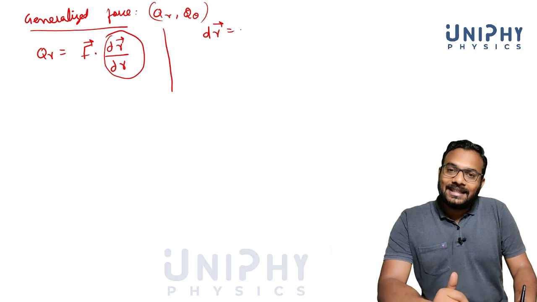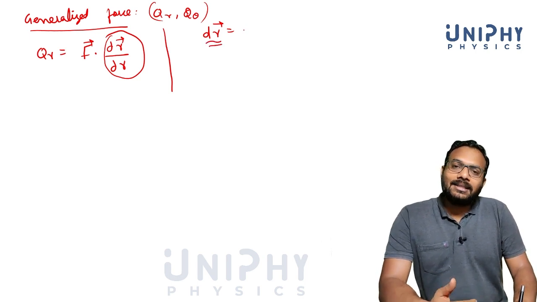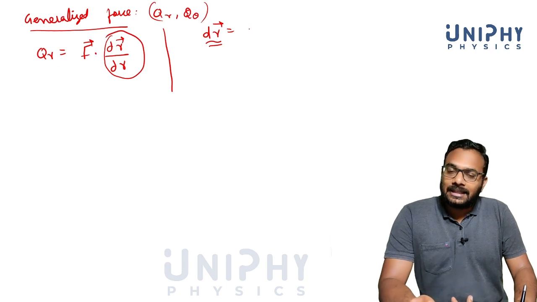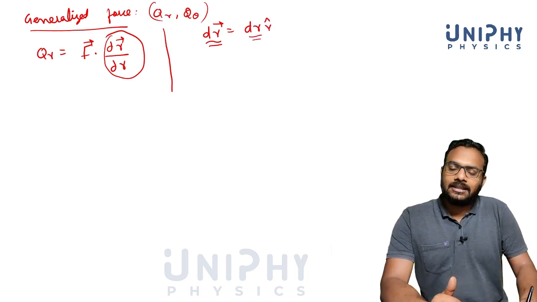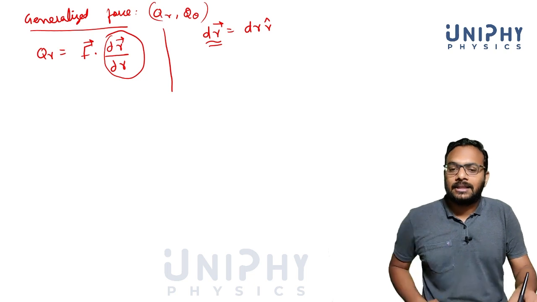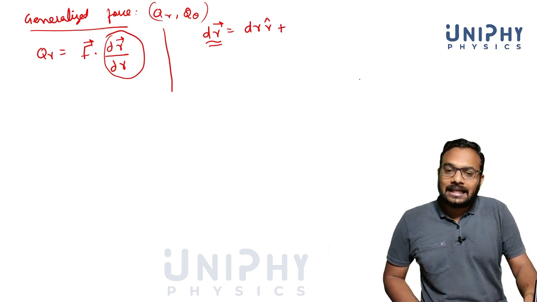If you look at dr vector, we know that it's a displacement, and we are writing it in terms of the displacement in the theta direction and the displacement in the r direction. The displacement in the r direction is simply dr. This is a displacement along the r cap direction, or we can call it the radial displacement.